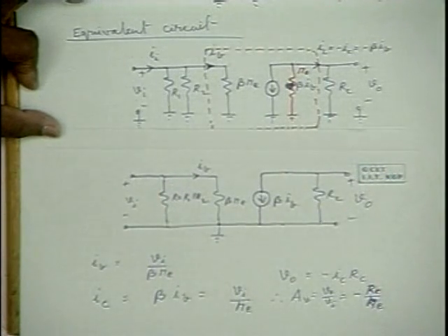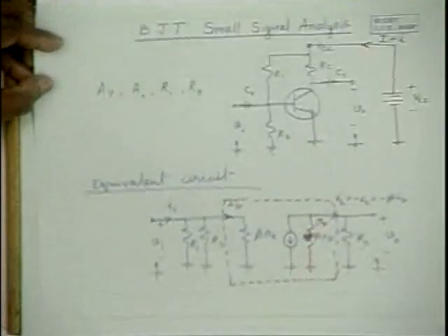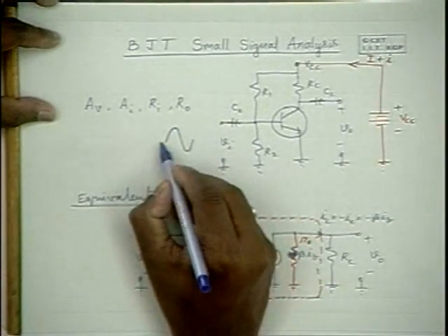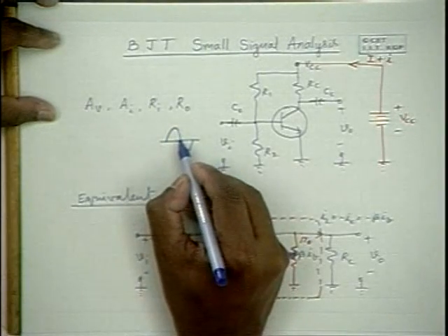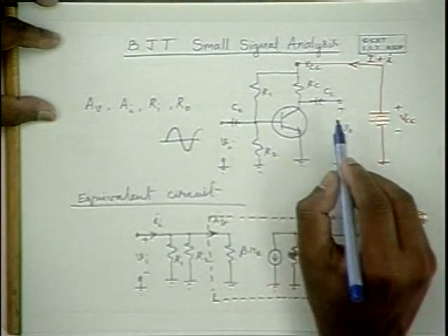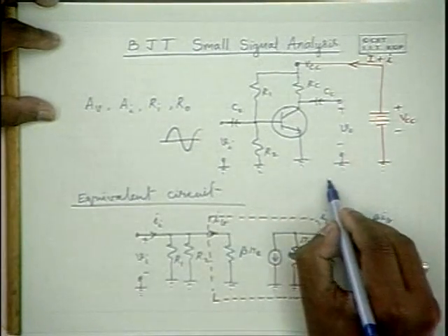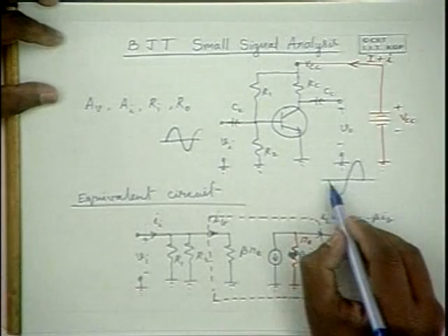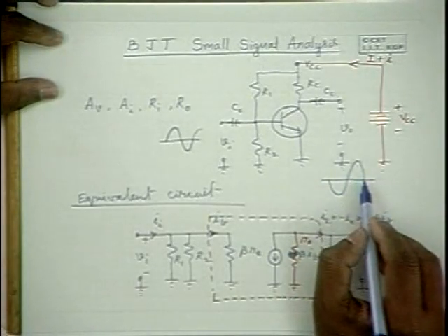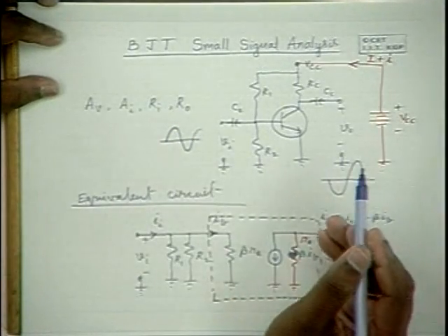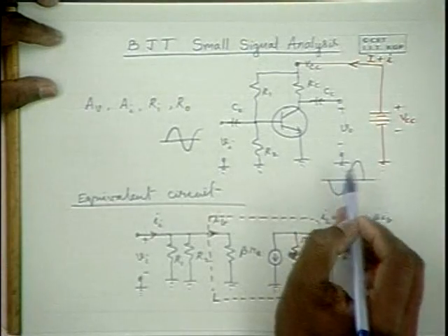You get a negative sign here because when you apply a sinusoidal signal where the first half cycle is positive going and the next half cycle is negative going, the output waveform is like this. You will get a negative half cycle first and the positive half cycle later. That means the input is multiplied by some negative gain, so the positive half cycle becomes a negative half cycle and vice versa.